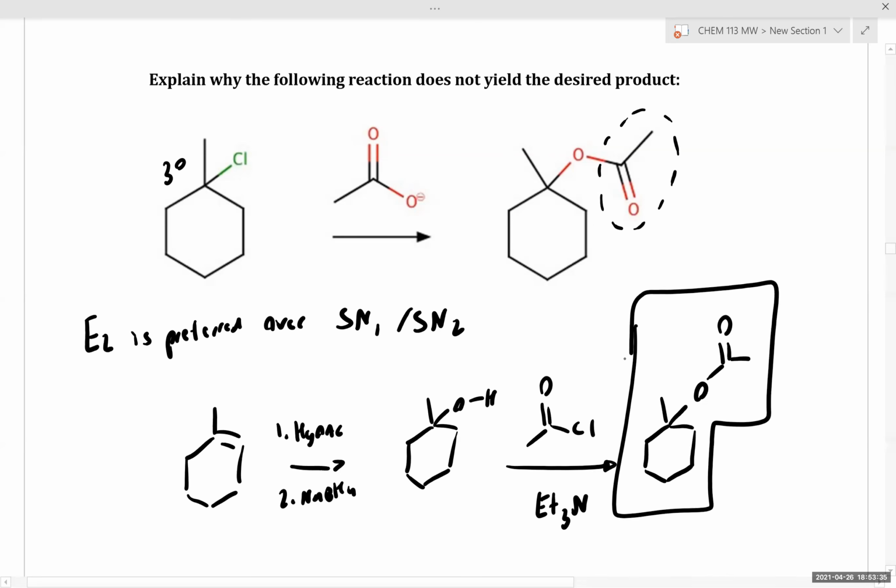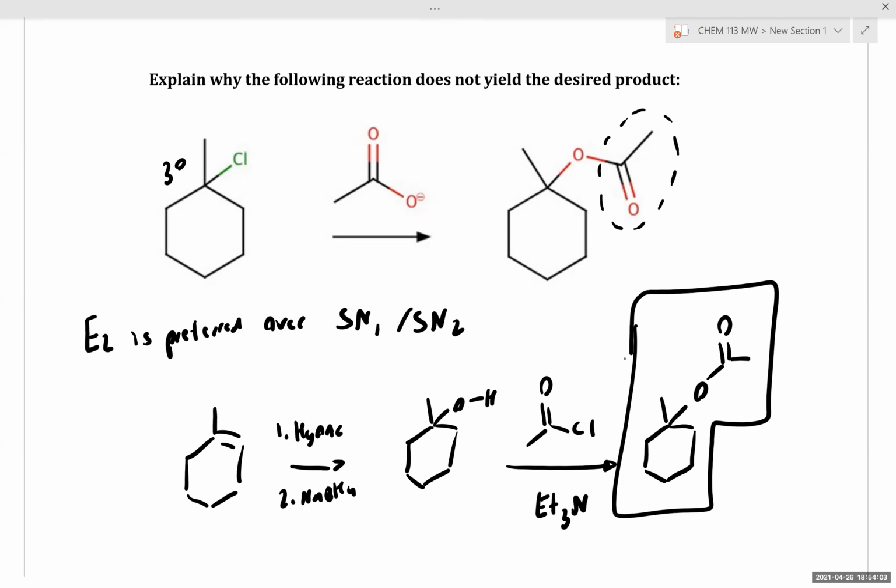Does everyone see the limitations of this reaction and ways to get around those limitations? Does everyone see how to apply these methods to prepare esters and other carboxylic acid derivatives, and how each method has certain limitations? If you want to run a substitution reaction, your substrate can't be very hindered.